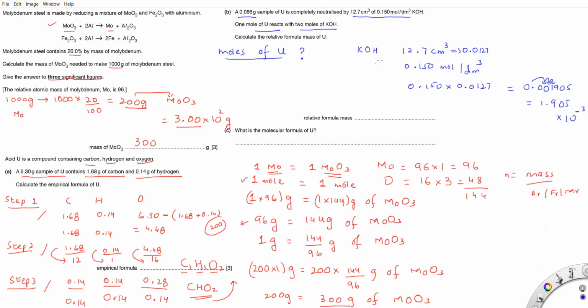According to the question, for every 2 moles of potassium hydroxide I am having 1 mole of U. So I can create an equation here.